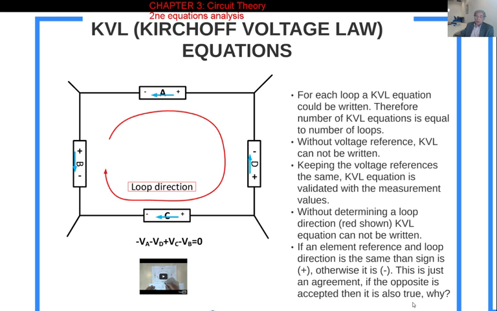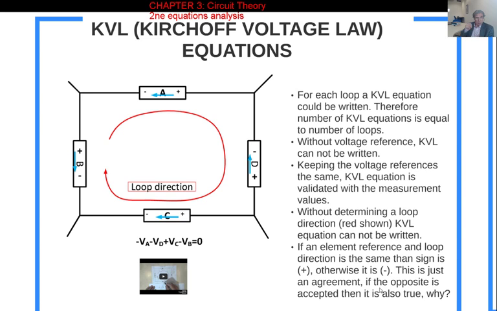What I mean by the opposite: if the loop direction and the element direction are the same, the sign in front of the voltage is going to be minus. When they are in opposite directions, the sign should be plus. That is the opposite of that rule. But if we use this rule, your result is going to be the same.